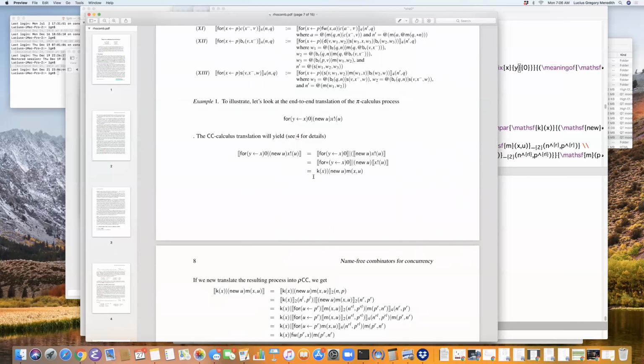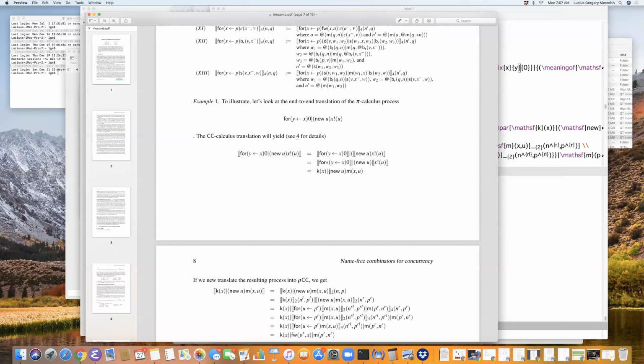So let's see how that works in the Yoshida translation. So here's the Yoshida translation. We split the translation over the par, and then this for comprehension becomes a translation in terms of her sort of fancy for, and then that just becomes a K of X. Then there's the translation of the new part that you just push through the new, and then you translate the output, and that's just the output.